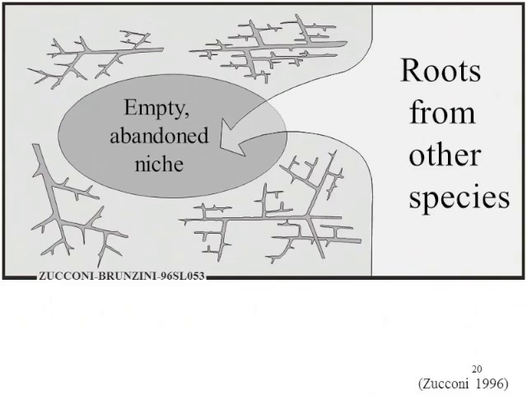And so if we have a good presence of several species, this abandoned niche can be used by another root system that is eupathic for this system. So we have to think that the root system is very dynamic in occupying the soil.